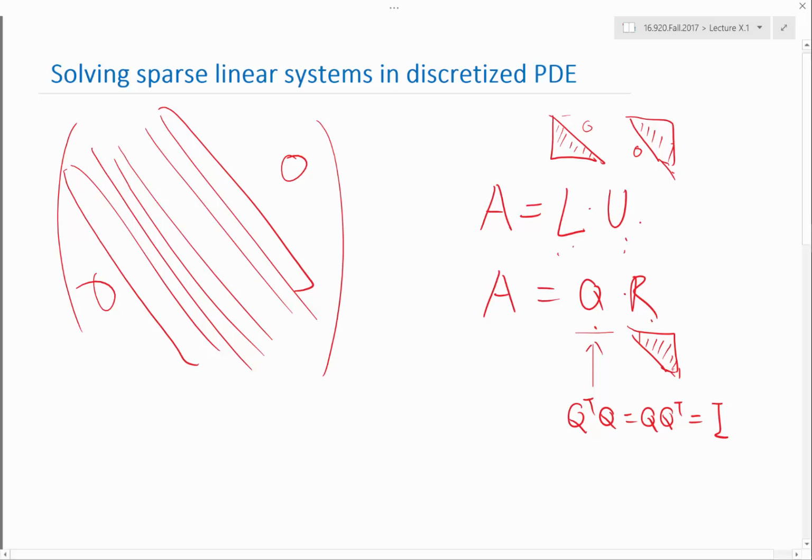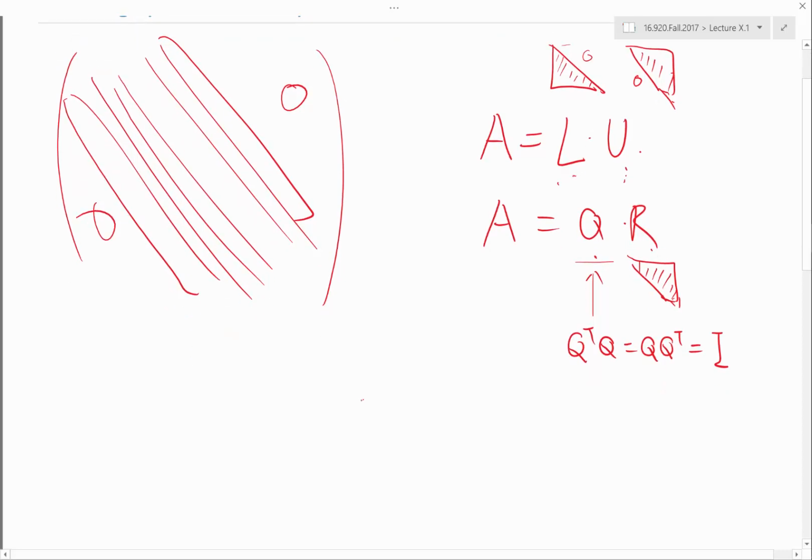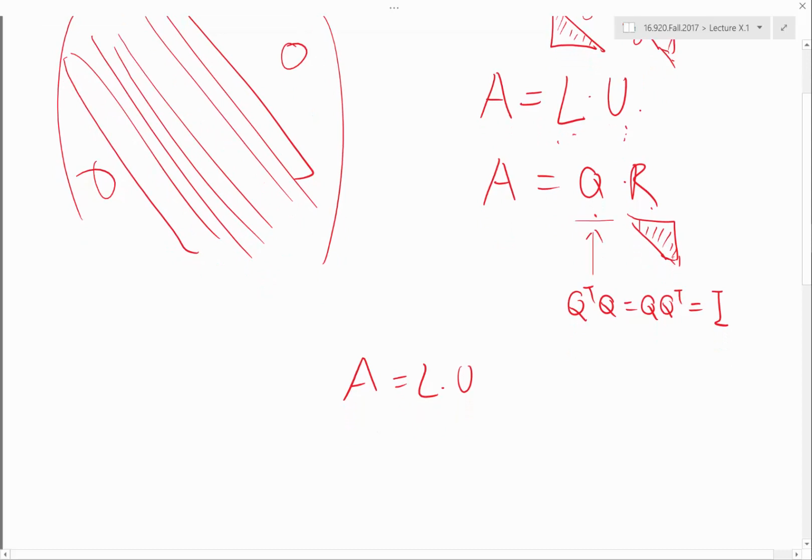So why does the decomposition help? It's because each component is very easy to invert. For example, if I can say A is equal to L times U, and L and U are both easy to invert, then solving AX equal to B becomes the composition of two easy problems.